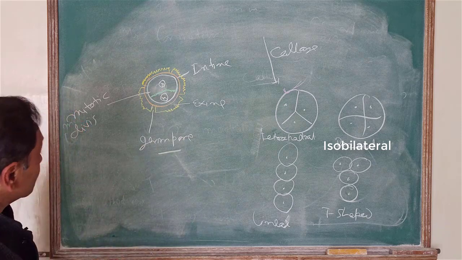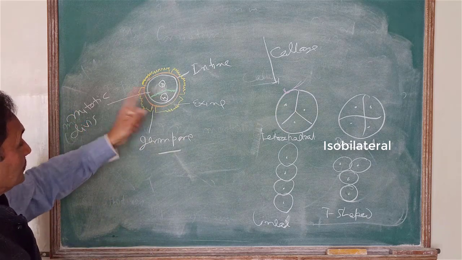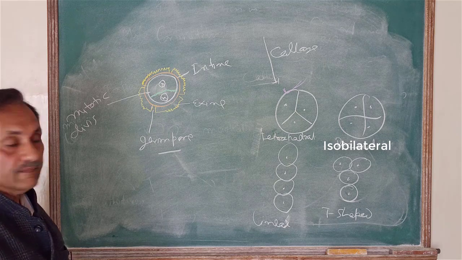Now in this condition, the pollen grain is a two nucleated structure.